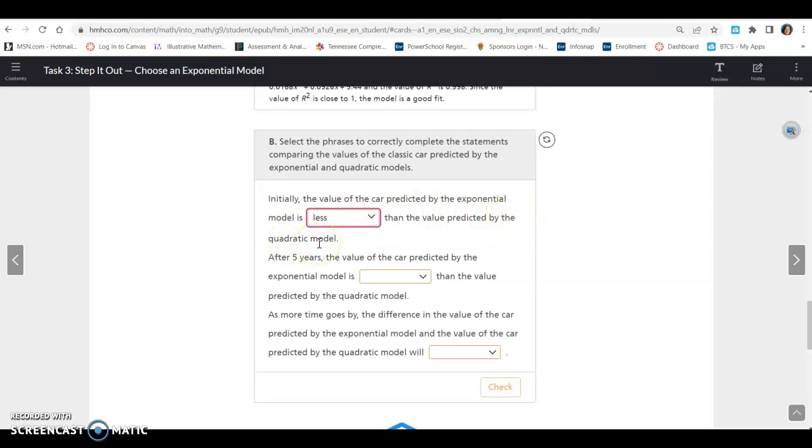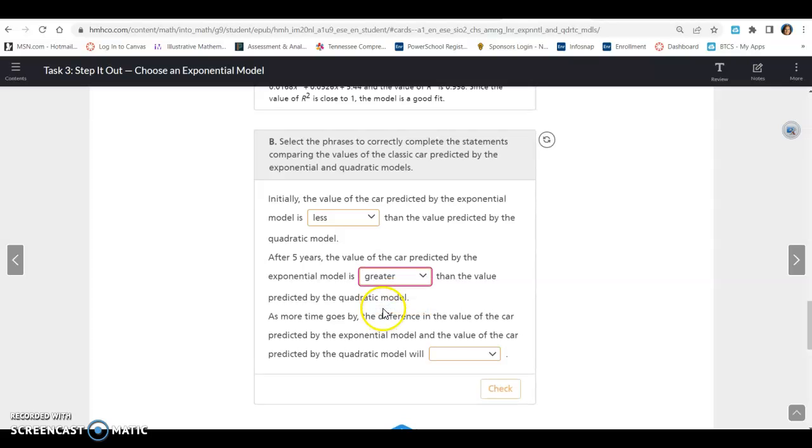So when you very first start, the exponential starts lower, it is less. After 5 years, the value of the car predicted by the exponential model is greater. So the exponential model does pass the value predicted by the quadratic model.